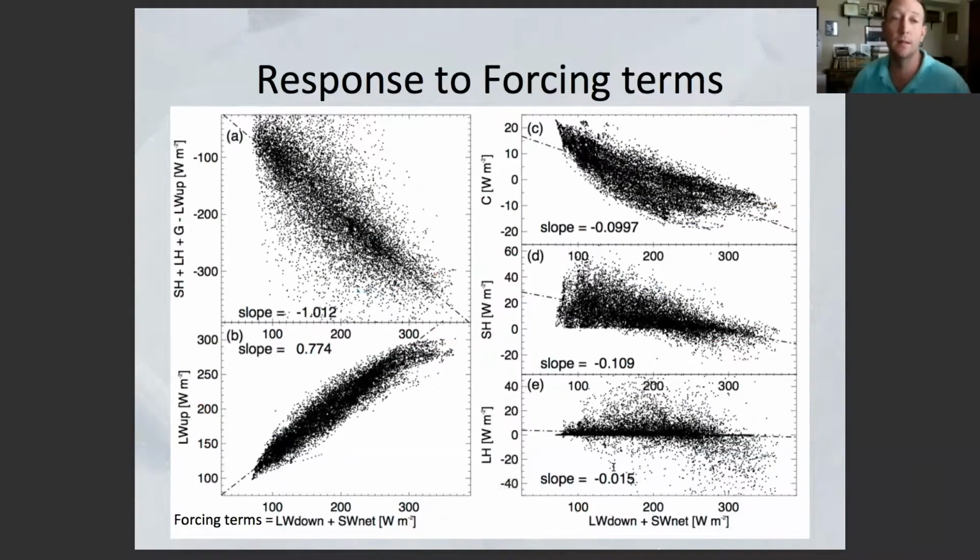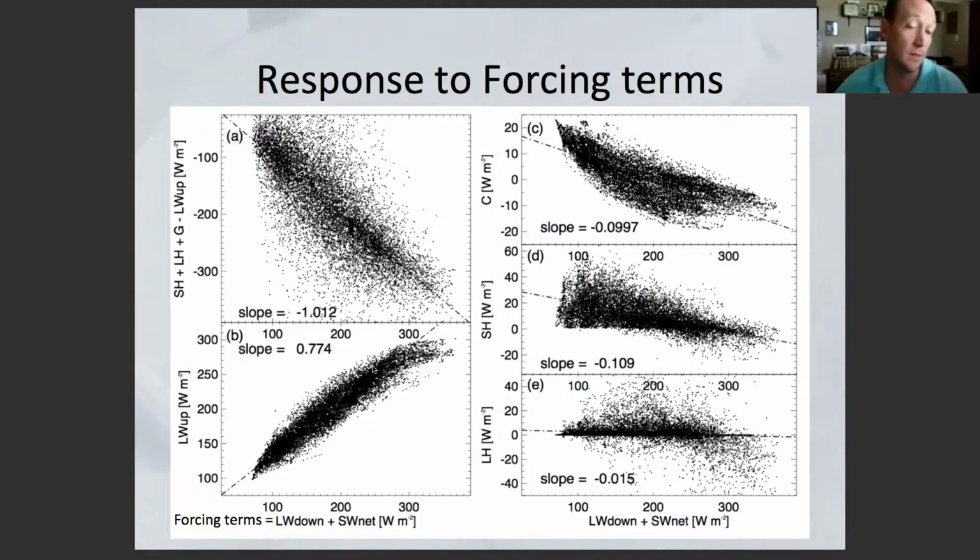And so we can look at scatter plots of these various terms for this one year data set that we have. Here in the top panel A, we have the forcing terms on the x-axis and the response terms on the y-axis, a nice -1 slope indicating the surface is radiatively driven, and we have nice closure for all these terms. So as you get an increase in the forcing, you get a corresponding response of the rest of the surface energy budget terms.